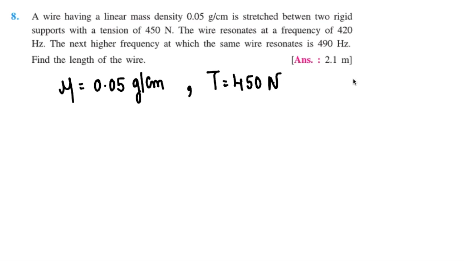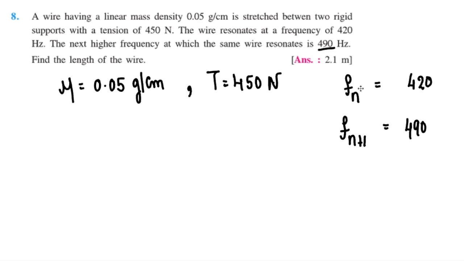So here we are talking about harmonics. 420 Hz is the nth harmonic, that is given as Fn. And the next higher frequency, that means Fn plus 1, is given as 490 Hz. Hope this is clear.